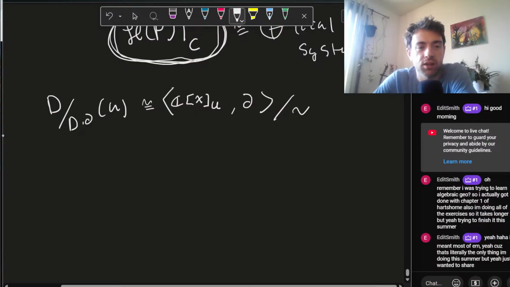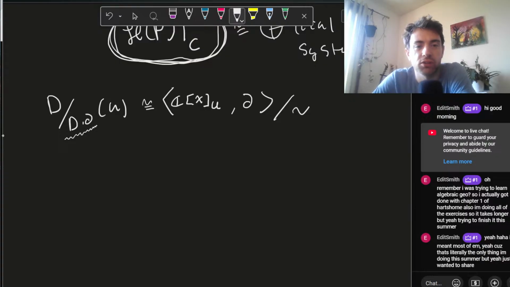But we've taken the left module of this differential, so we've basically killed all the differential terms, and all that's left of the underlying sheaf is really just O_X, or O_C, I guess we should say.